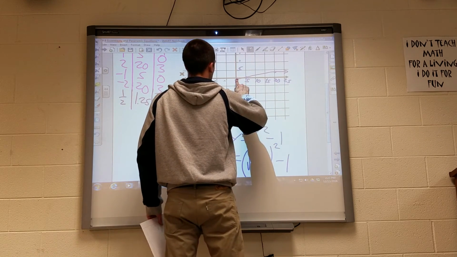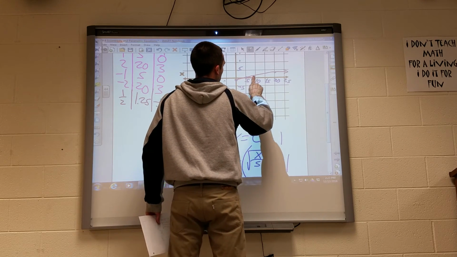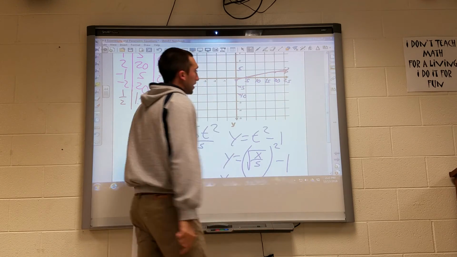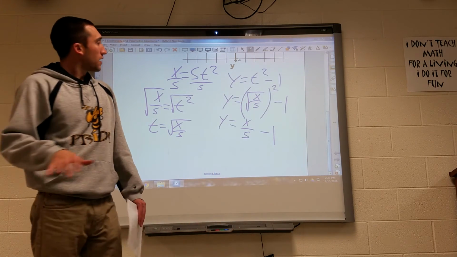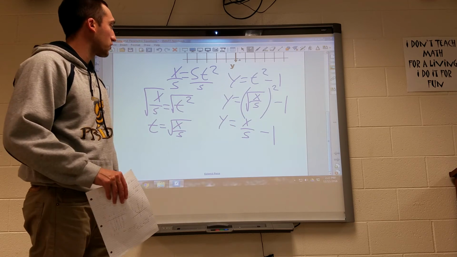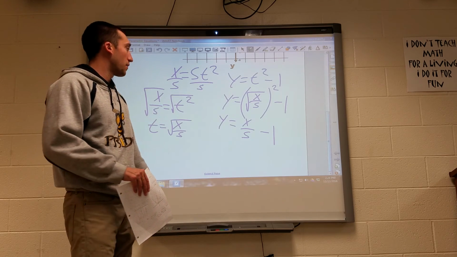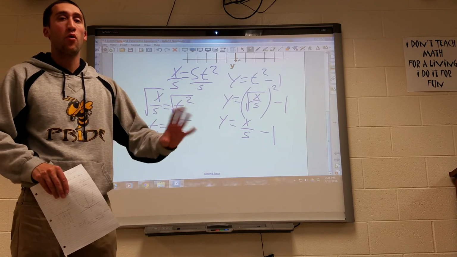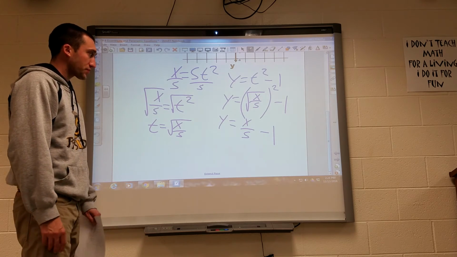And I didn't do a very good job of drawing the line. But if you graph those points a little bit neater, and compare it to the graph y equals x over 5 minus 1, you're going to see that the points actually line up. And that's more what we're worried about, that the points line up, not necessarily how accurate your graph is drawn.